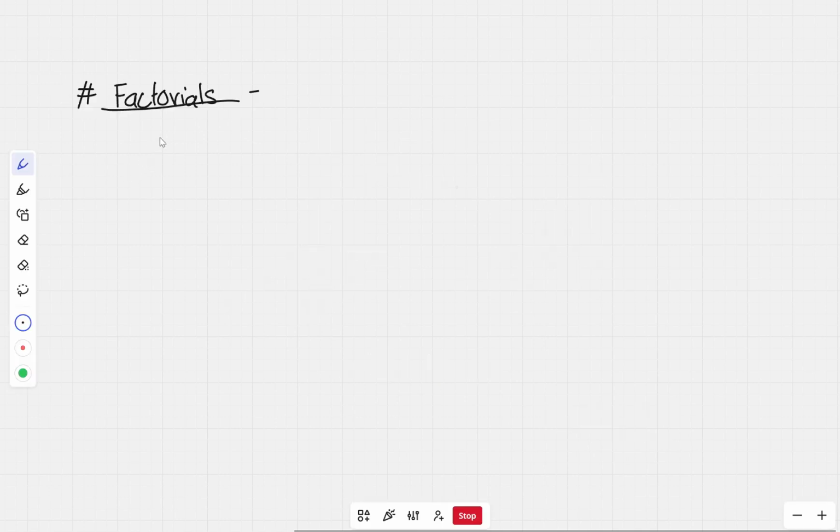Alright, moving on. Our next topic is factorials. This is a very important thing in PNC. Factorial simply means multiplying the numbers from n down to 1. Now what does that mean? There's a formula for factorial, which is n into n minus 1 until it reaches 1.